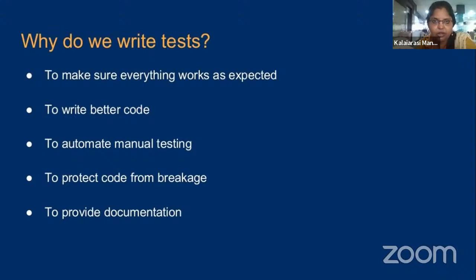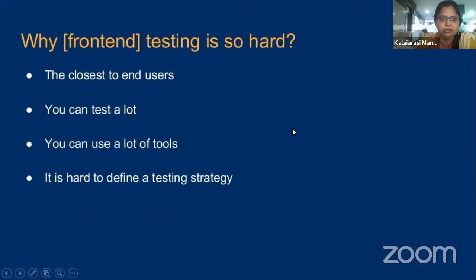And apart from that, you have to provide documentation, which can happen at this level because you are going from the base unit level. So you are all very clear that this can be very, very useful. And apart from that, you have to protect the code from any sort of breakages, like there are no pitfalls between one function call and another function call.